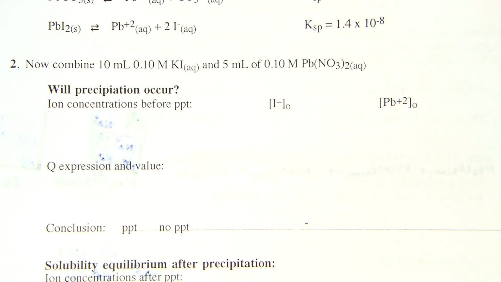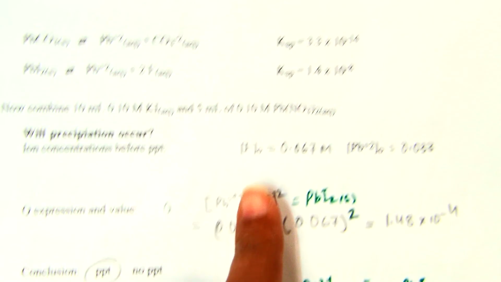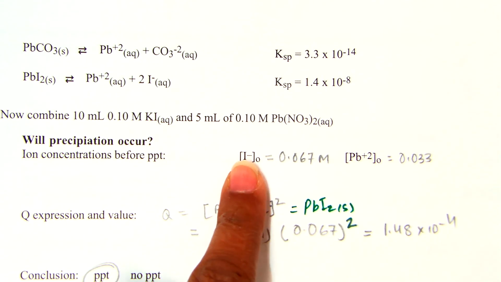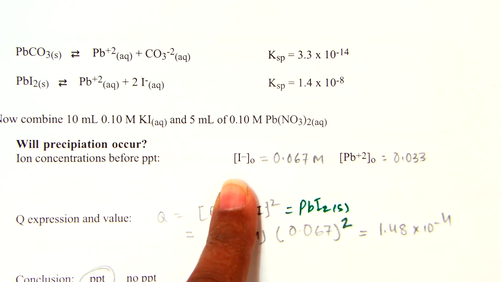Okay, so the question asks, we have mixed, what is the molarity of iodide ions after mixing the two solutions. You take molarity times volume to calculate moles of KI.